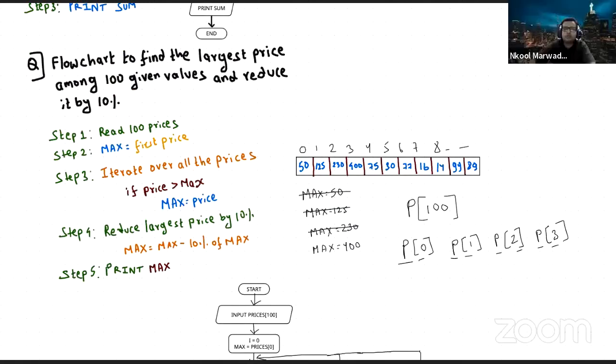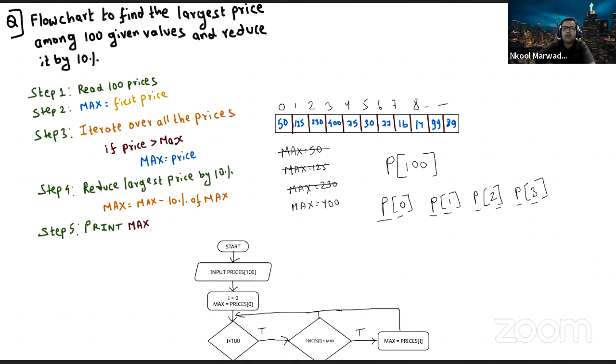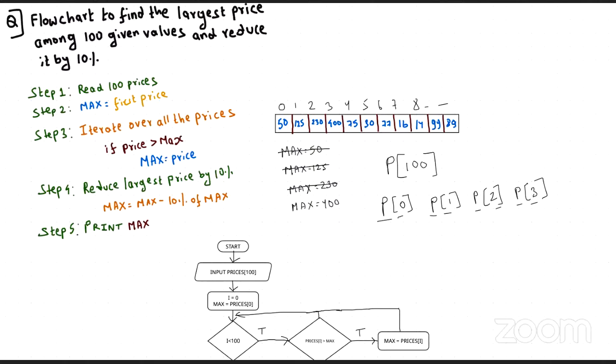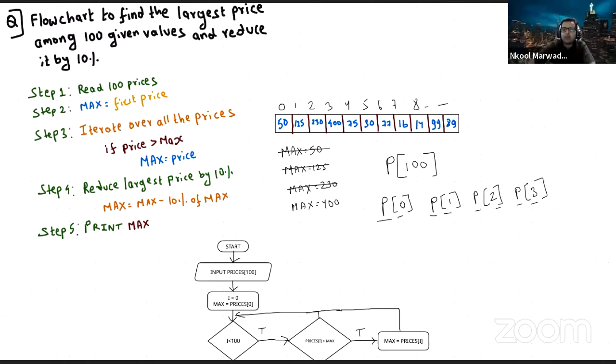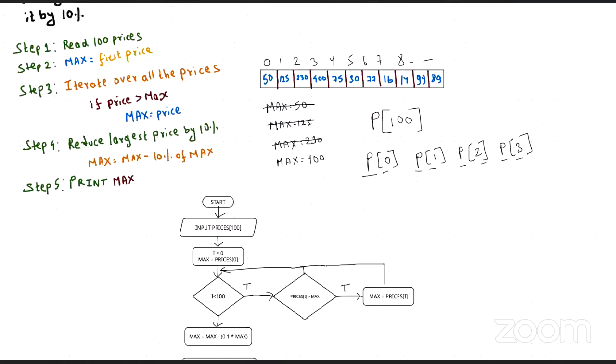So we have to run the loop 100 times. Why 100 times? Because every price we have to visit and check whether it is greater than max or not. Every time in the loop, we are checking whether the current price is greater than max or not, and accordingly we are performing that. Okay, got it.